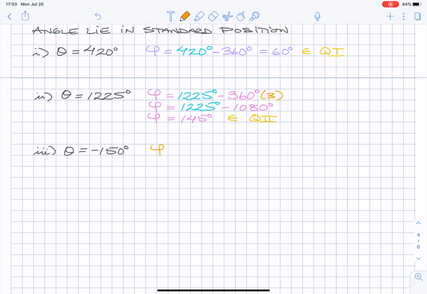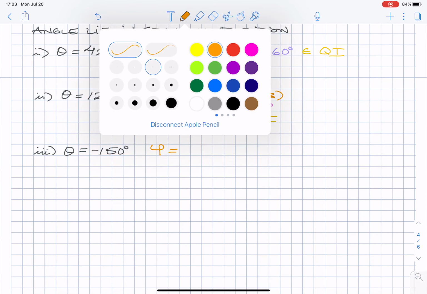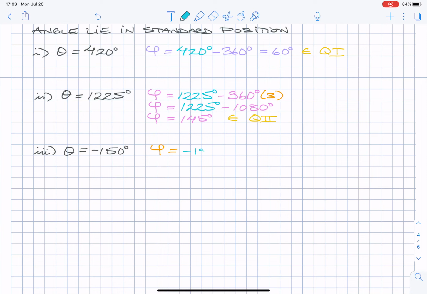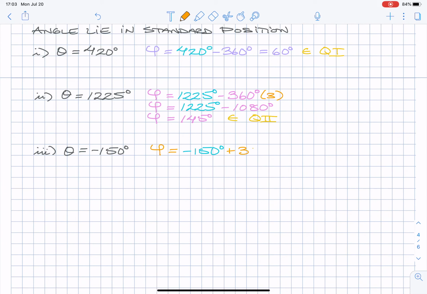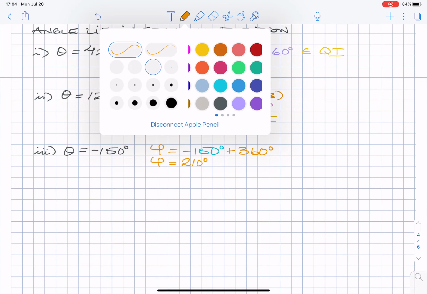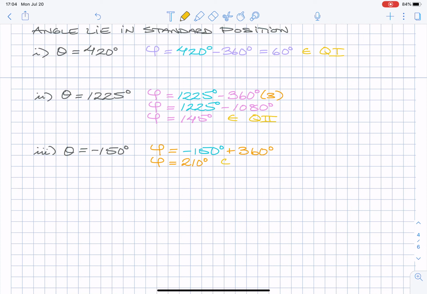So I want phi to be theta, which is negative 150, but in order to get to between 0 and 360, I have to add 360. Okay, so if I take 360 and subtract 150, I should get 210. So 210 degrees is between 180 and 270. So I claim that this is in quadrant 3.